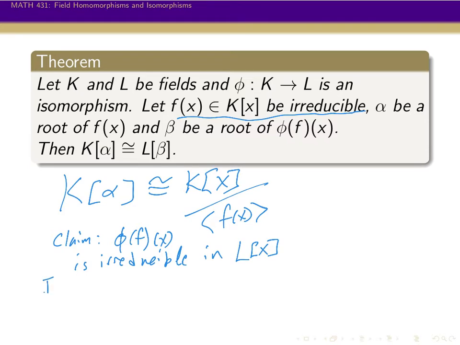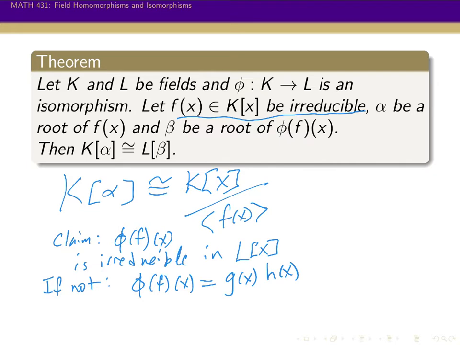If not, then we have phi of f of x is equal to, say, g of x times h of x in L of x, and this is a non-trivial factorization.